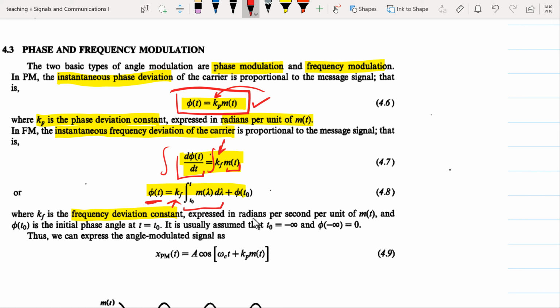Of course, the same applies, that the units for kf are radians per second per unit of m(t).